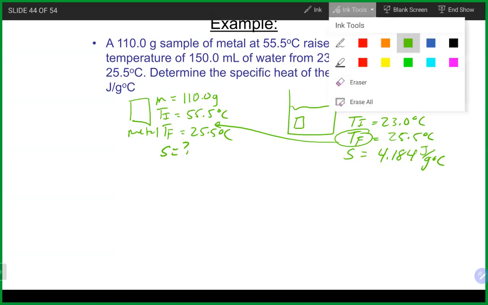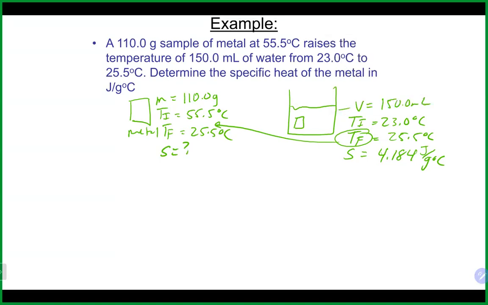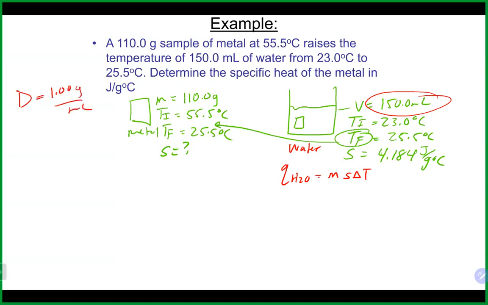So once again, if we look on our water side here, we have basically all the information that we need to go into this equation, except that's in milliliters and not mass. So if I have a volume and I want the mass of it, and especially if it's water, one other value that you should know is our density is 1 gram per milliliter of liquid water.